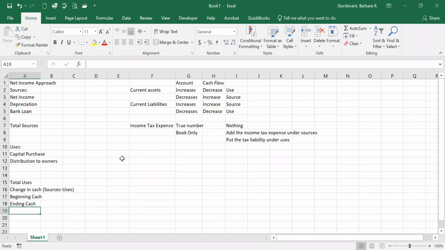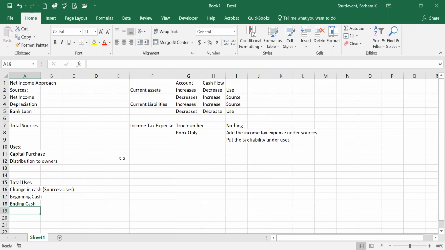And we're going to look at number 13. We have a very condensed income statement. We have the net income, we have the depreciation.